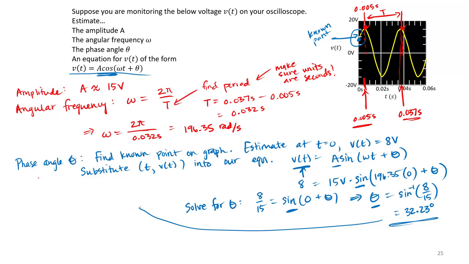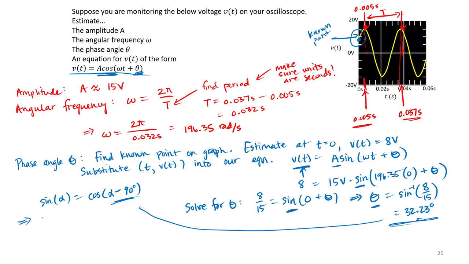You'll remember from trigonometry that sine of some value is the same as cosine of that value minus 90 degrees. So in this case, if I want to find my theta in the cosine term, I have to subtract 90 degrees from the phase angle I found earlier.